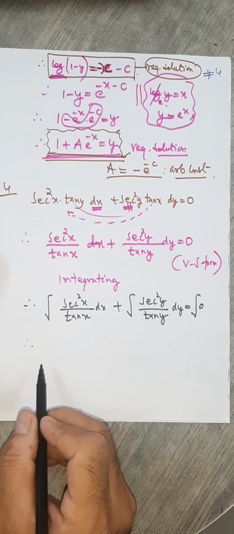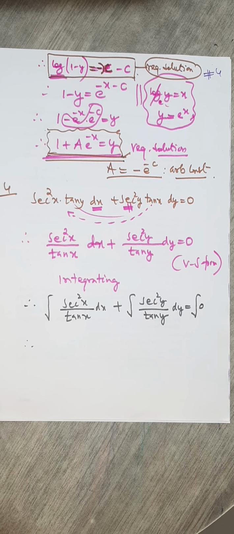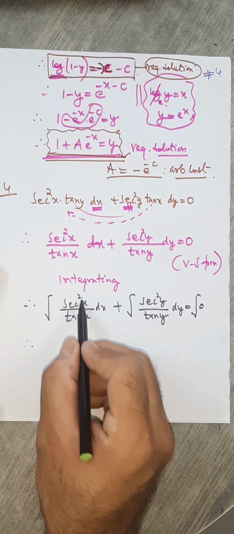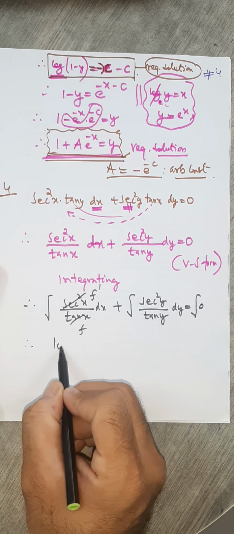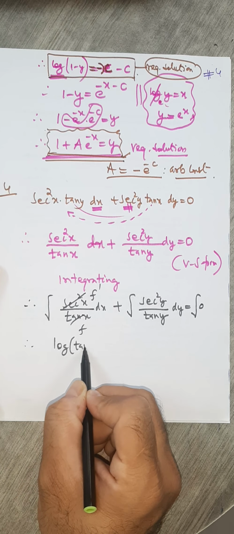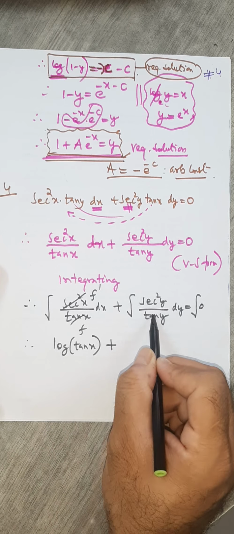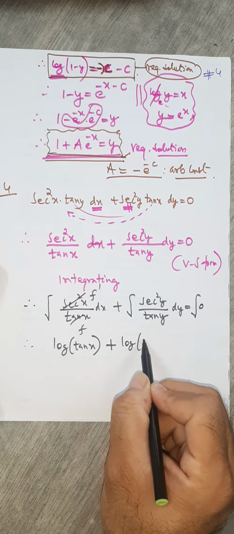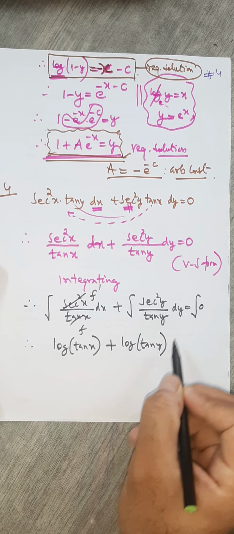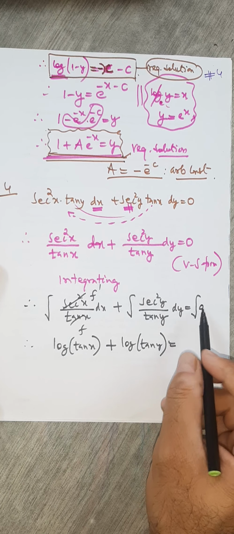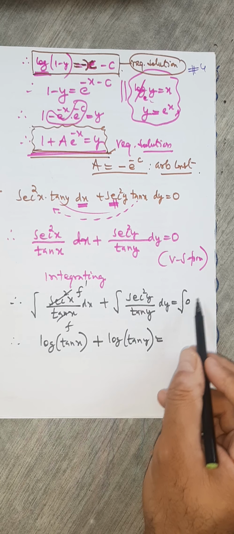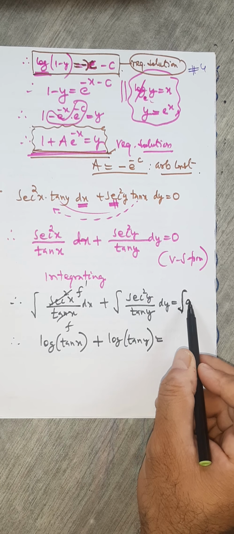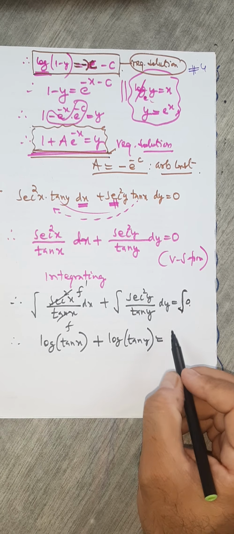Chalo, can you tell me which form it is? Can you just recall? By writing the question you must realize which form it is. f dash upon f. This is f dash, this is f. You know the answer: log of mod of denominator expression plus log of mod of denominator expression. Derivative of constant, you know, derivative of 0 is 0. So what's the integral of any constant, any 0? That's a constant.